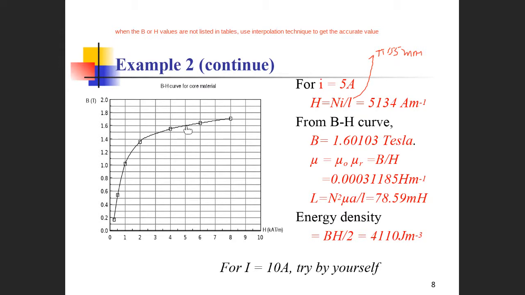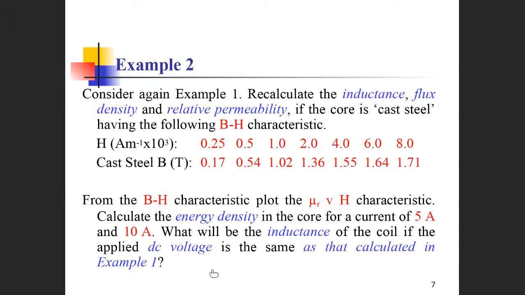So you can get the value between 4,000 and 6,000. What you calculate is 5,134, so the value should be between these two.